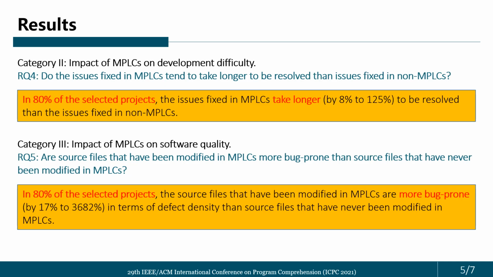We found in 80% of the selected projects, the source files that have been modified in MPLCs are more bug-prone in terms of defect density than source files that have never been modified in MPLCs. And the difference between them ranges from 70% to 3,682%.